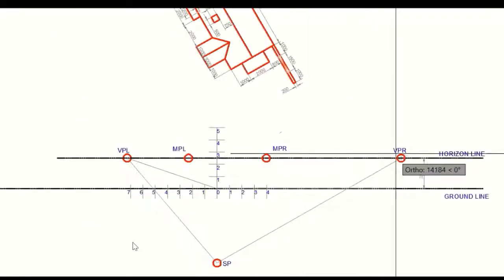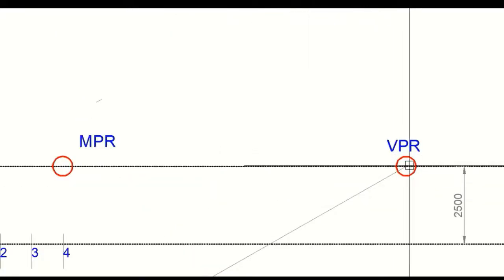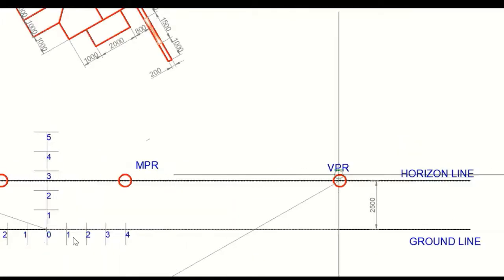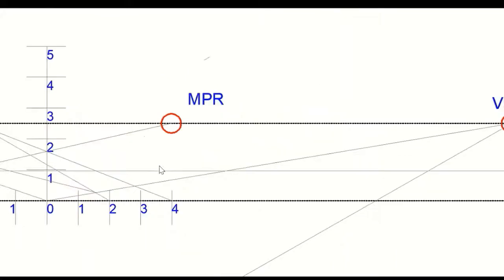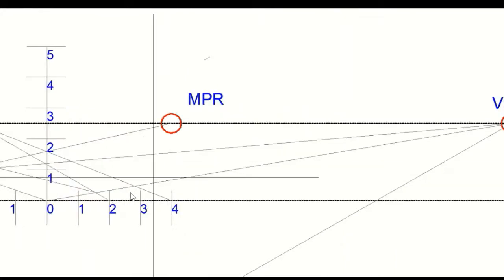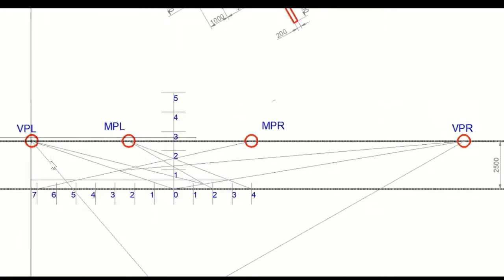Now we will mark a grid like this. This is a grid we have made, and the basic plan, which is 4 centimeter by 7 centimeter.